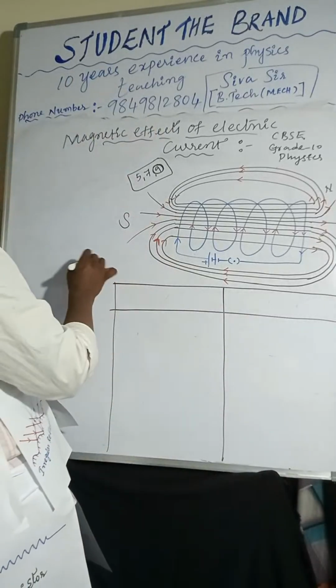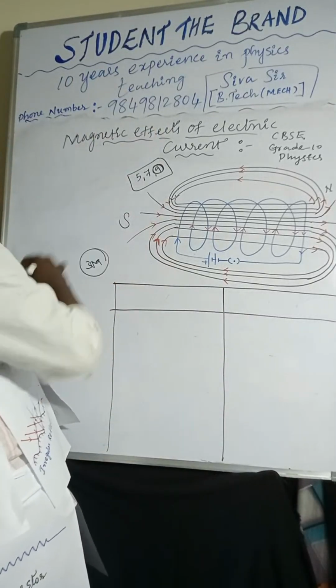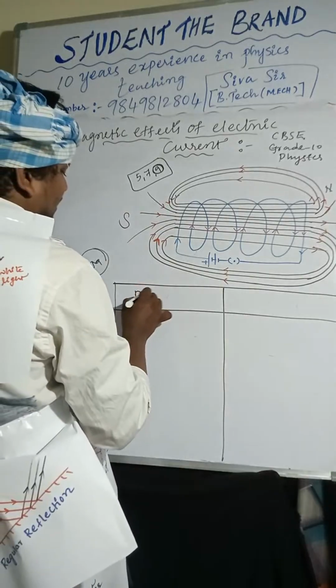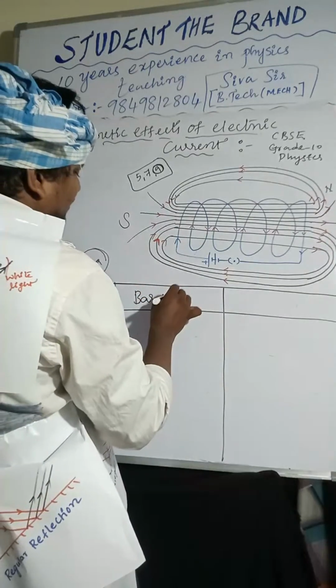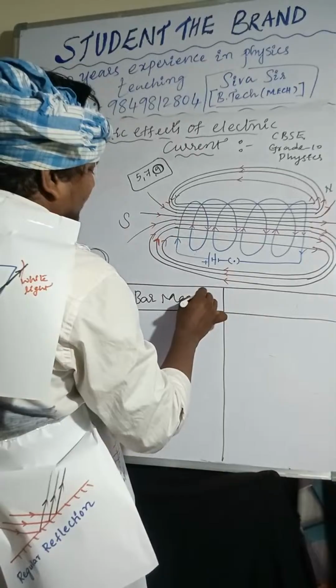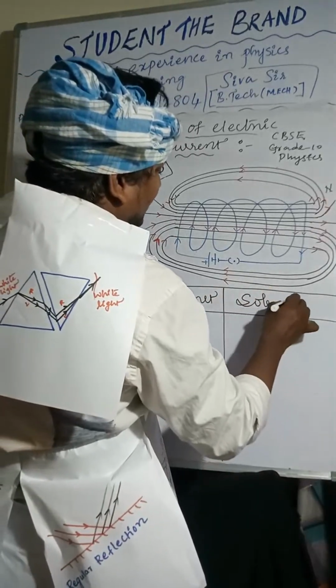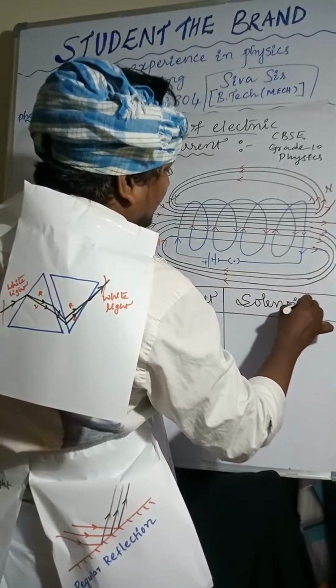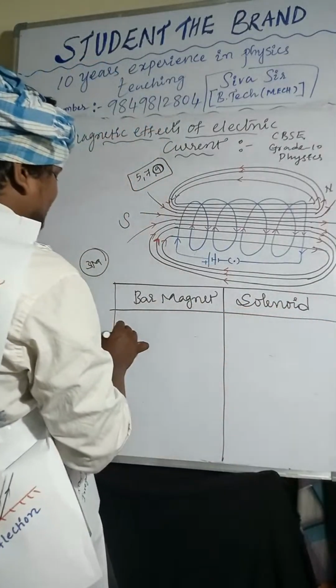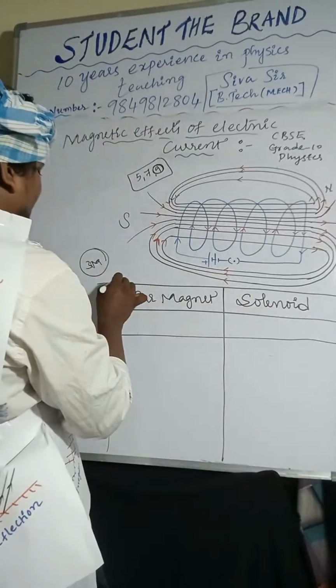This question they will ask for 3 marks: bar magnet and solenoid.